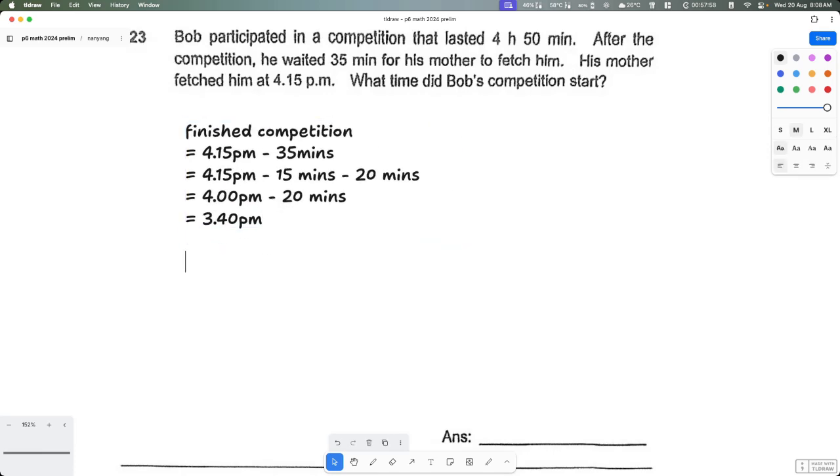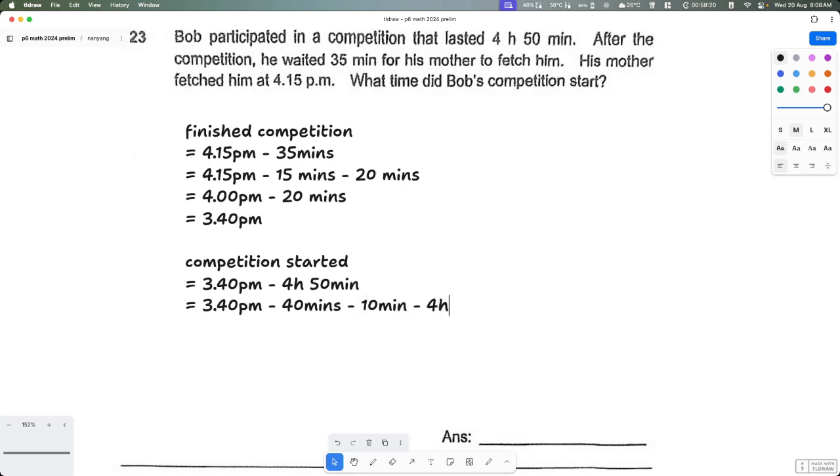All right, so now that's the finished competition. So competition started is equal to 3:40 p.m. minus 4 hours 50 minutes, which is 3:40 p.m. minus 40 minutes, minus 10 minutes, minus 4 hours.